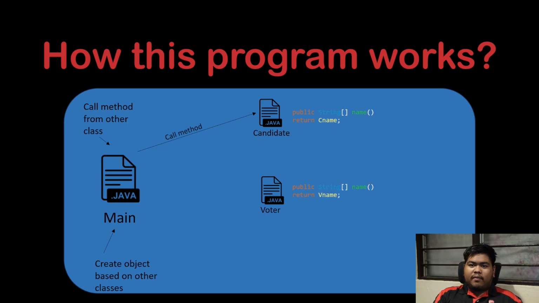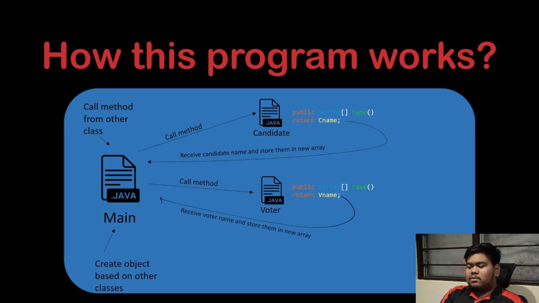So in the main Java file, we will call the method in the candidate, which is name, and after the method has run successfully, it will return an array. So the main Java file will receive the candidate names and store them in a new array. Then the main Java file will also call the method in the voter class, and that method will return an array. So the main Java file will also receive the voter names and store them in a new array.